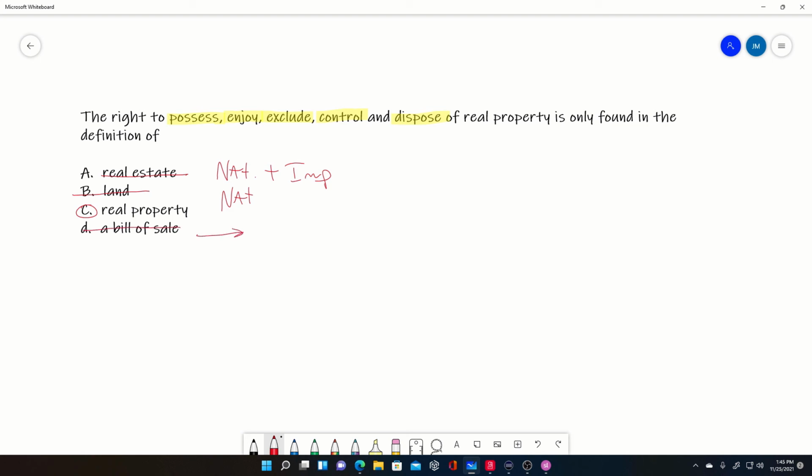No, we're going to find out that's what's used in the next chapter to transfer personal property. So the correct answer is real property. Remember, real property is the definition of land plus the definition of real estate plus your bundle of legal rights, that group of sticks there.